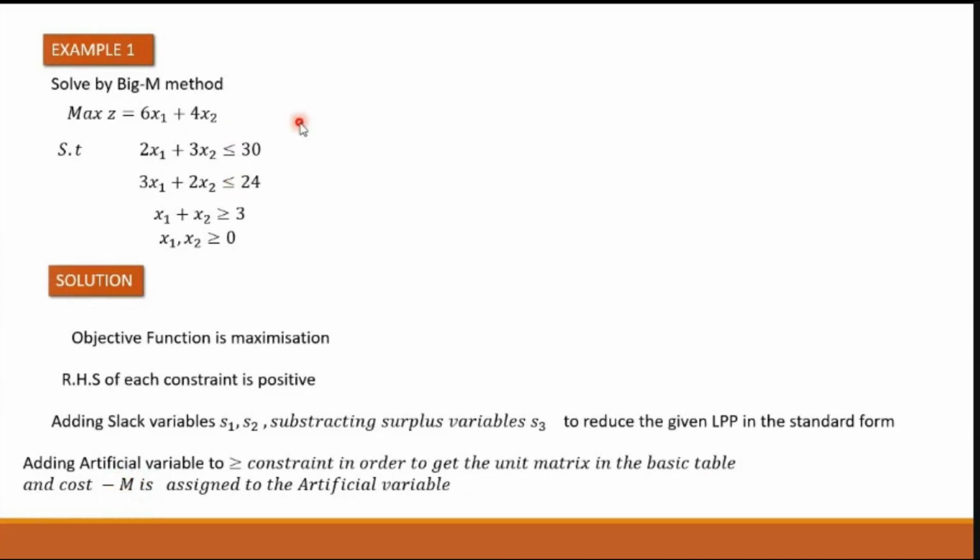We are subtracting a large amount from the objective function, so that the objective function is not getting altered. So remember, make a note of that: whenever we have a greater than or equal to constraint or an equal to constraint, add an artificial variable, and this minus M is given as the cost of the artificial variable in the objective function.